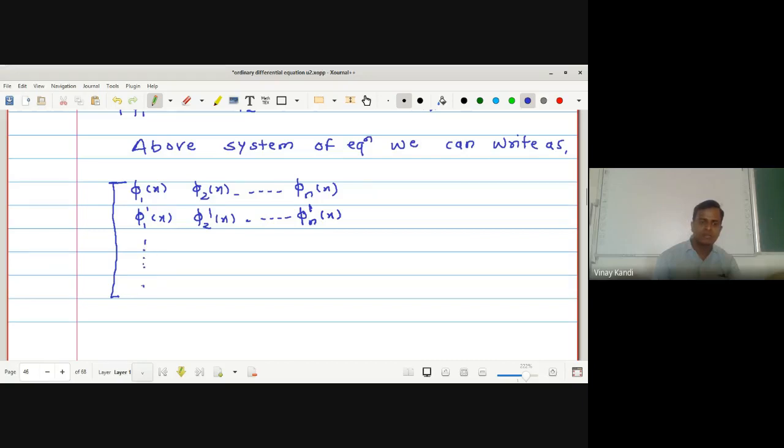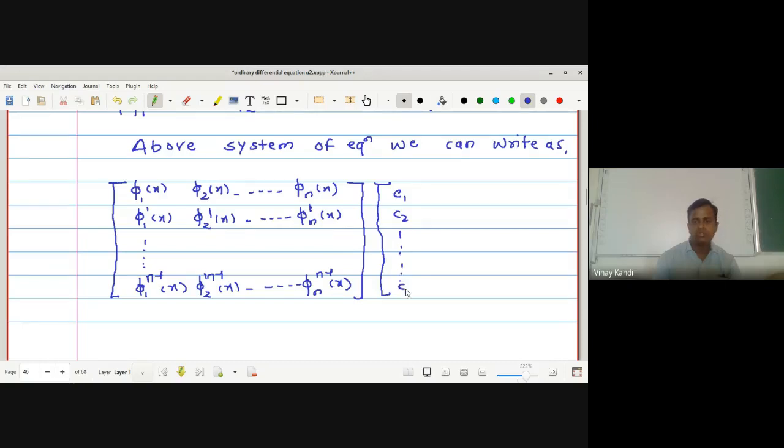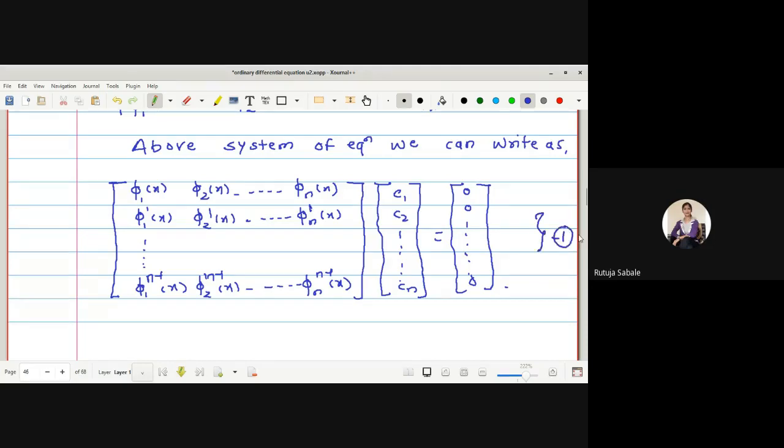At the last, phi 1 raised to n minus 1 of x, phi 2 raised to n minus 1 of x, up to so on, phi n raised to n minus 1 of x. And this one is the column vector C1, C2 up to Cn, which is equal to the right hand side 0, 0 up to so on 0. Okay, any doubt? No, sir. Give it as equation number 1.